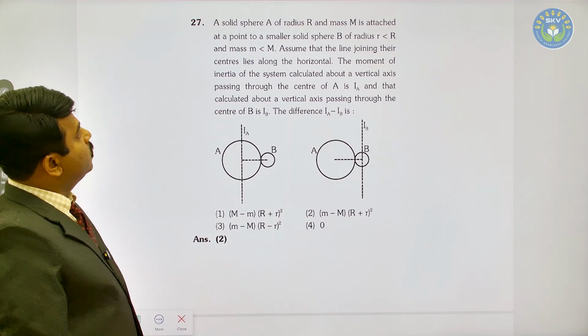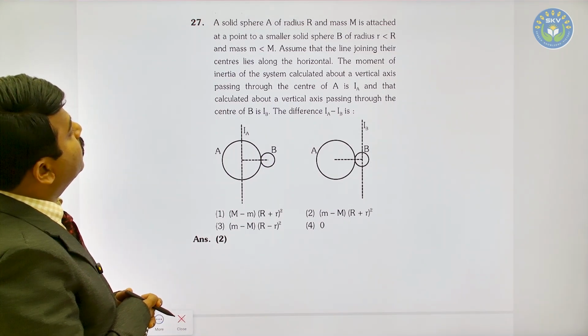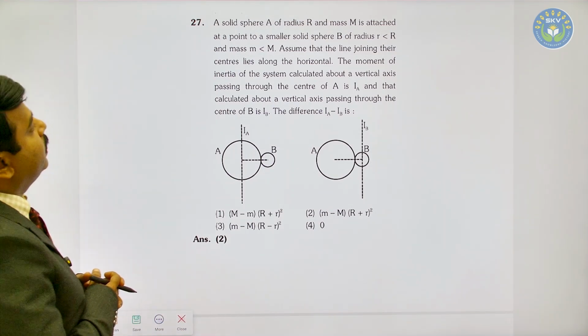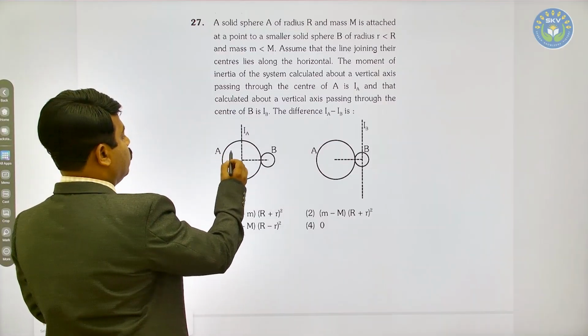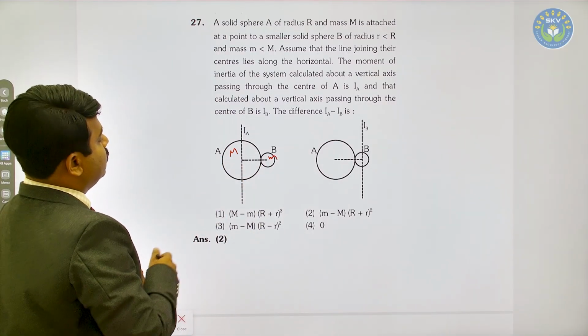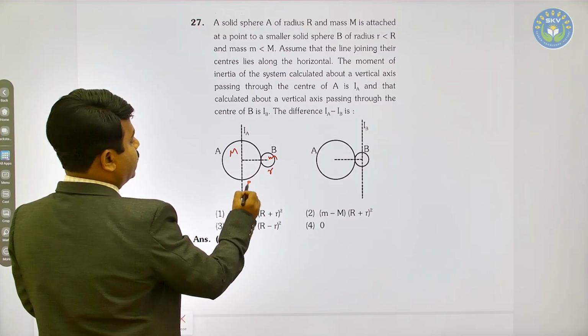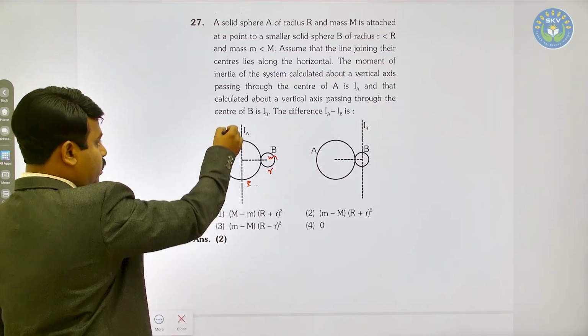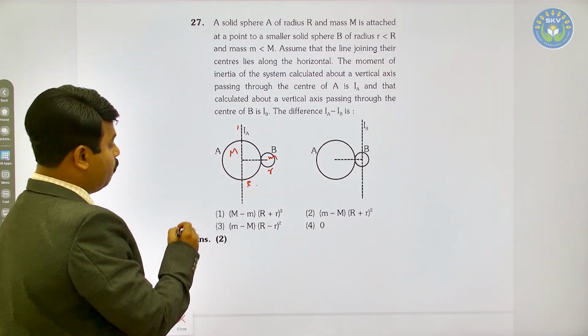A solid sphere A of radius capital R and mass m. So that means this body has mass m, this body has small mass, and this radius is small r, this radius is capital R. Then about the large sphere center, what is the moment of inertia?